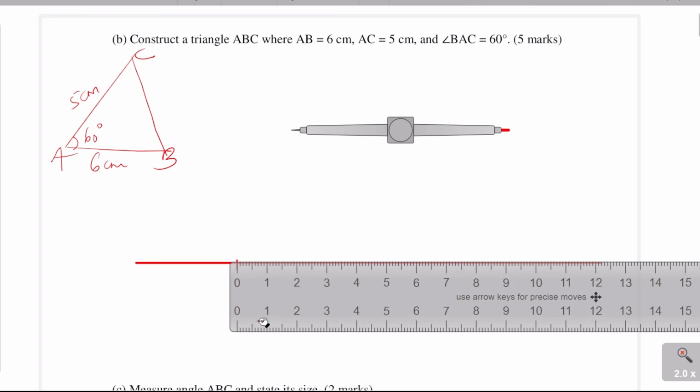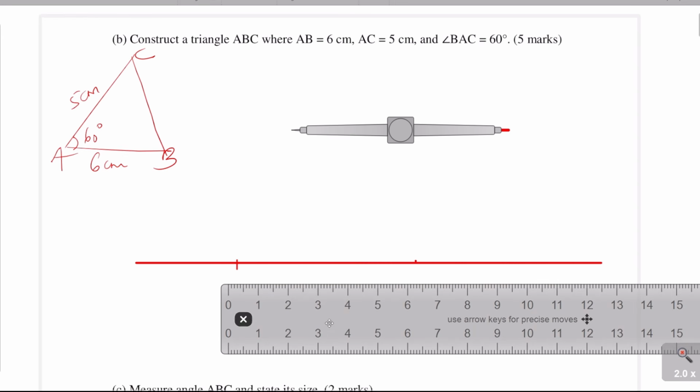So 6 centimeters should go up to that point. So this is A, and this one is B.